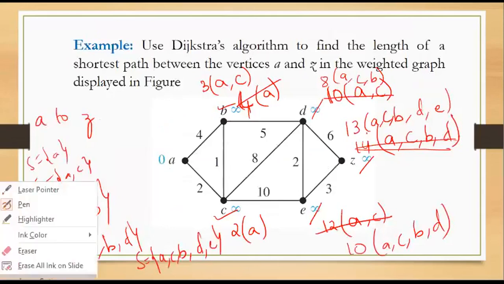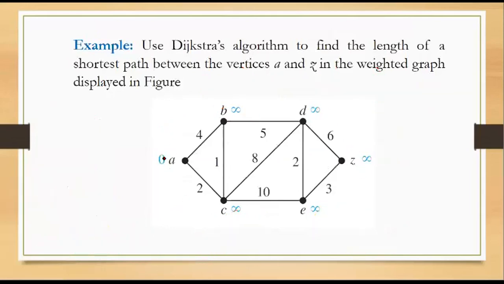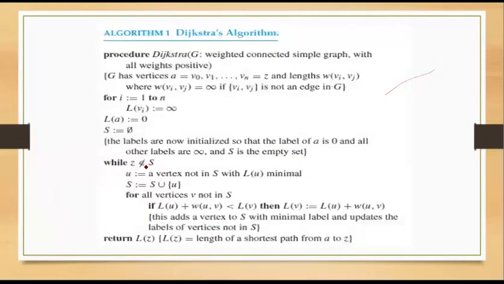So at the initial point, our initial vertex has 0 and all the other vertices will have infinity. While Z does not belong to S, if we don't have the vertex in our set S, we have to continue this loop. Take a vertex not in S with the label of u being minimal.